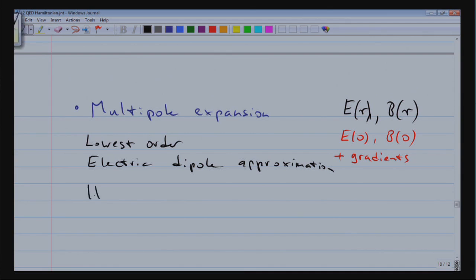For the electric dipole approximation, we make actually several assumptions.